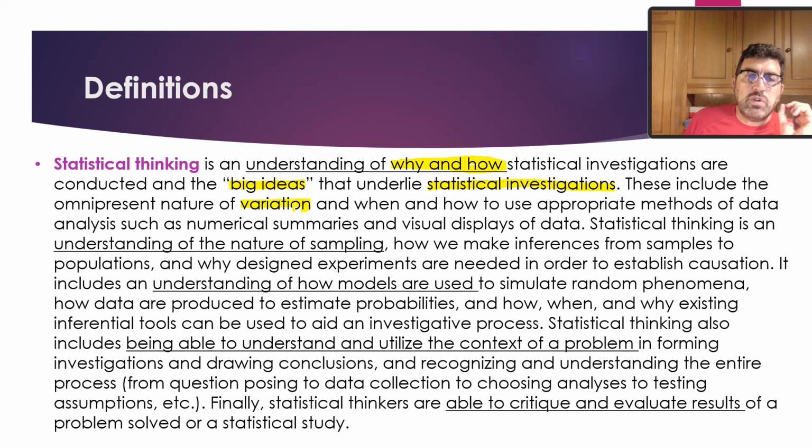Variation is a huge, huge concept in statistical thinking, in statistical reasoning, and when and how to use appropriate methods of data analysis, such as numerical summaries, when is it appropriate, and visual displays of data. It takes a clear understanding and a clear thinking about what it is that you're working with.